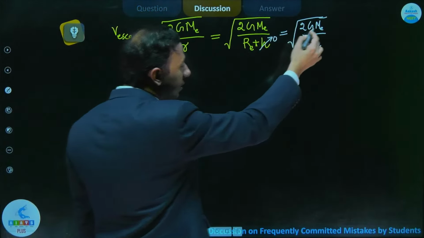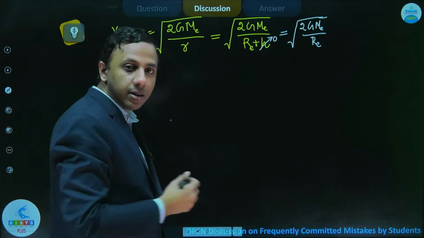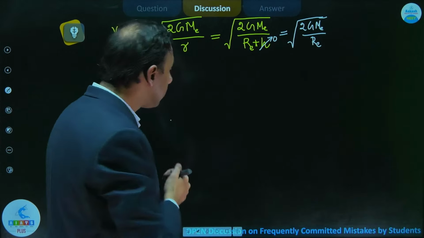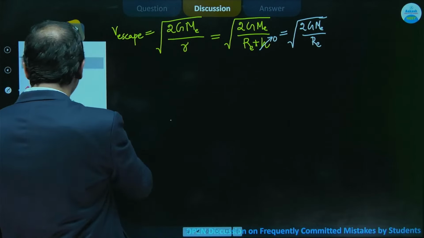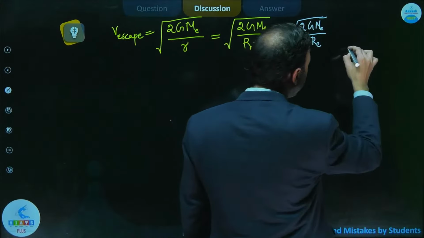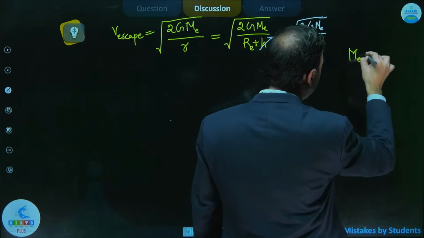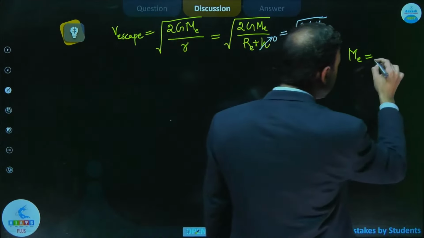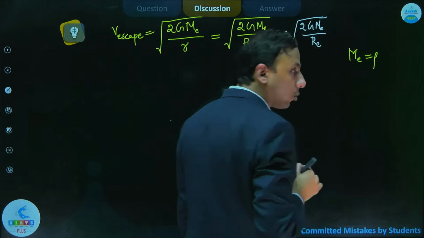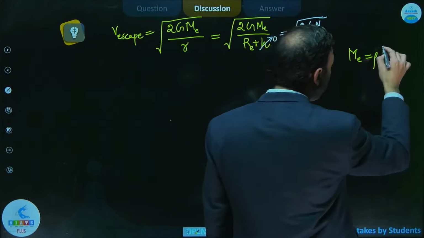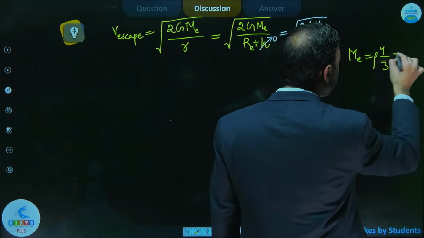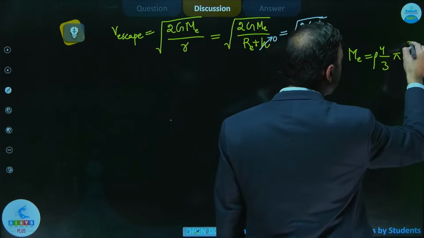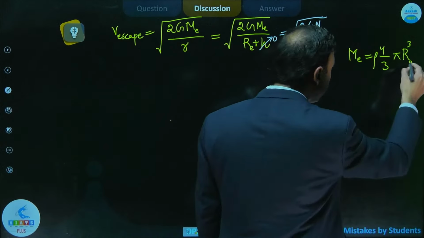So how do you express mass of that planet, let's say Earth, in terms of radius? वो कैसे लिखेंगे? देखिए, you will write mass of Earth as density times the volume of Earth. Density is, let's say, rho times the volume. Volume is what? 4 by 3 pi R cube, है ना? ये radius of Earth है.